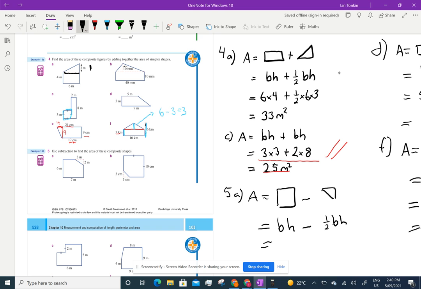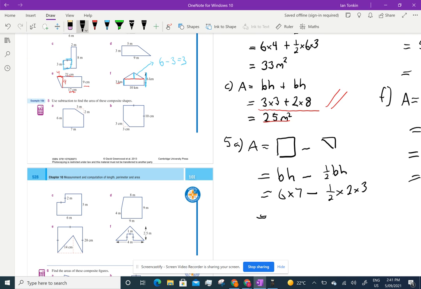Well, the rectangle is 6 times 7. That's easy. This time we're subtracting. It's a half. The base of the triangle, doesn't matter which one you use, the 2 or the 3, half of 2 times 3. Again, this is the most important line.